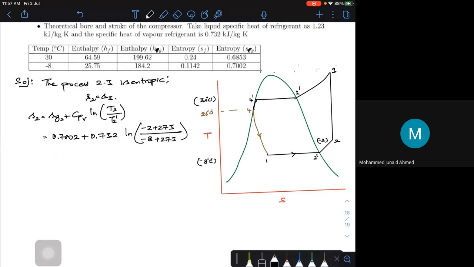This is equal to your S2. Are you getting? This is your S2.